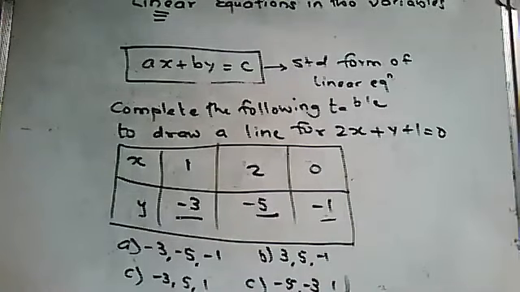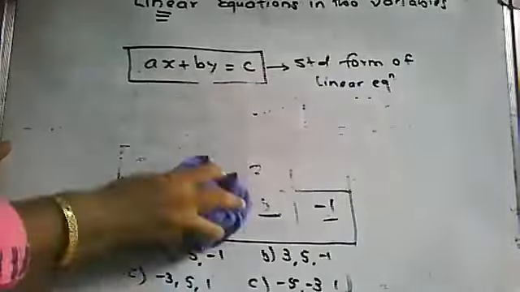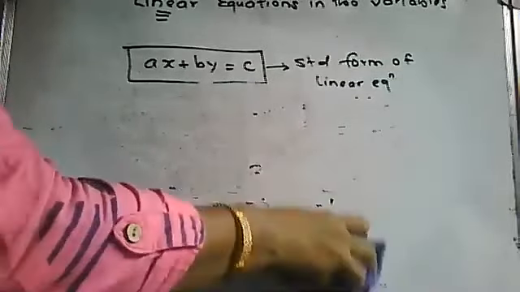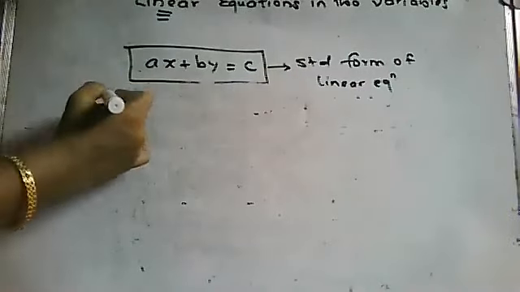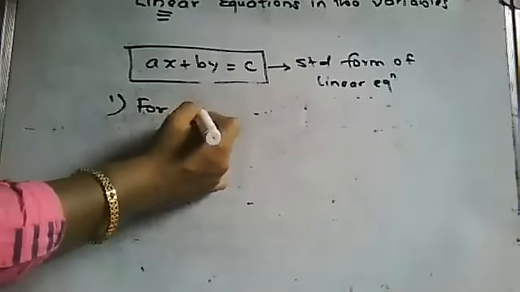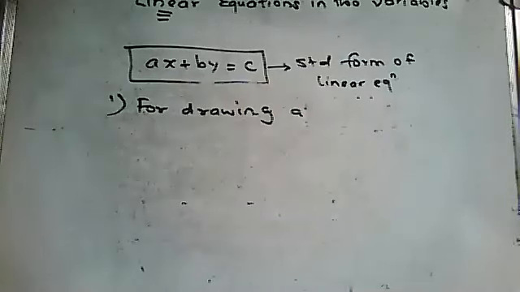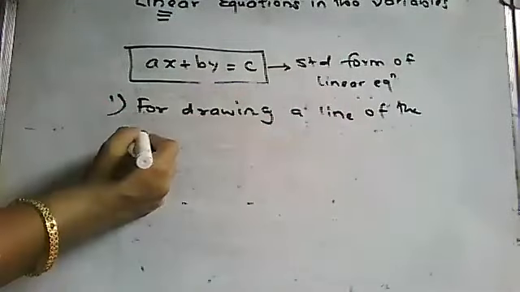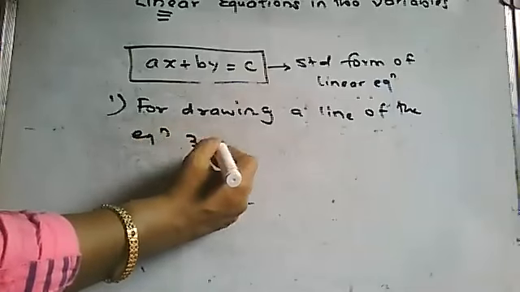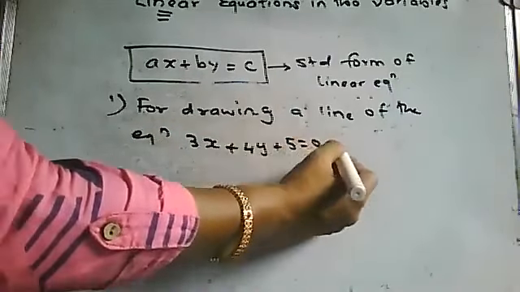Now the next type, in the same way, they may give you, for drawing a line of the equation, 3x plus 4y plus 5 is equal to 0.